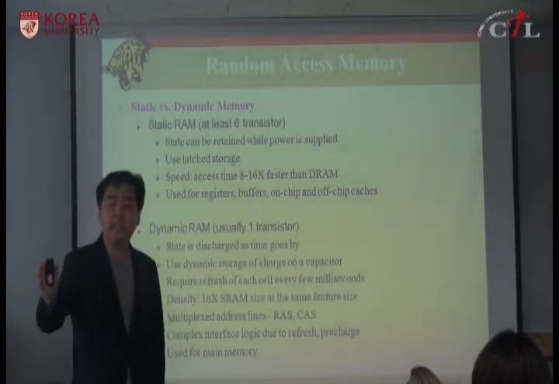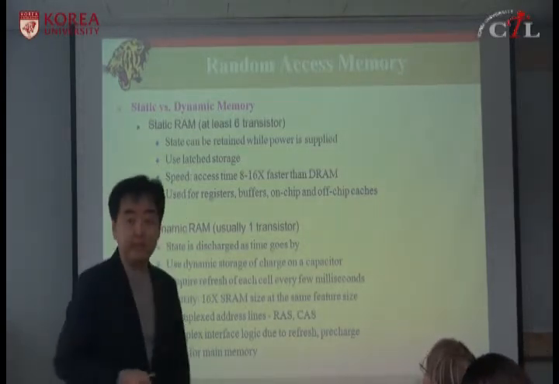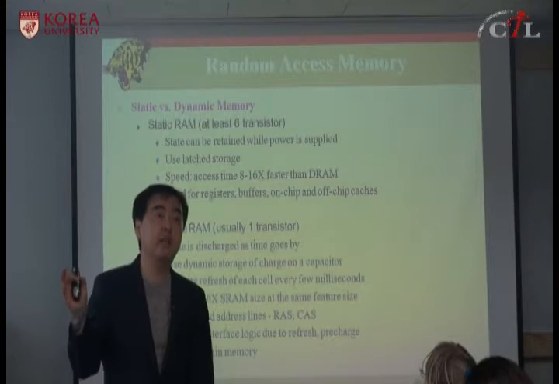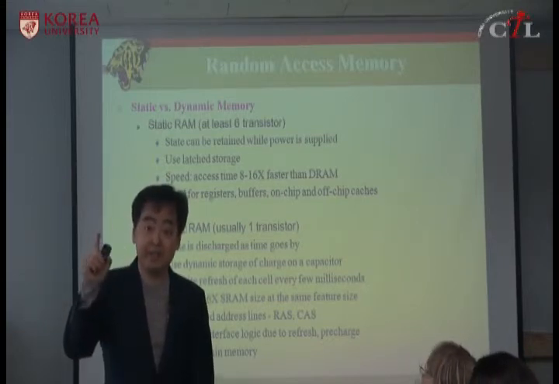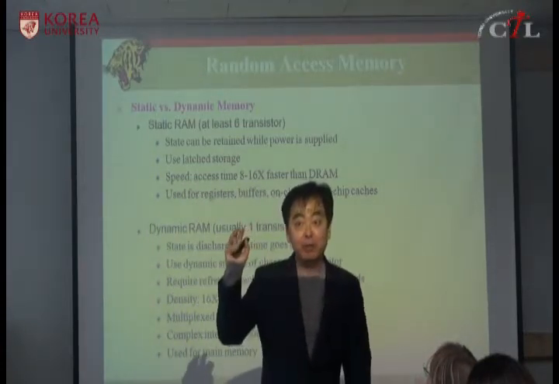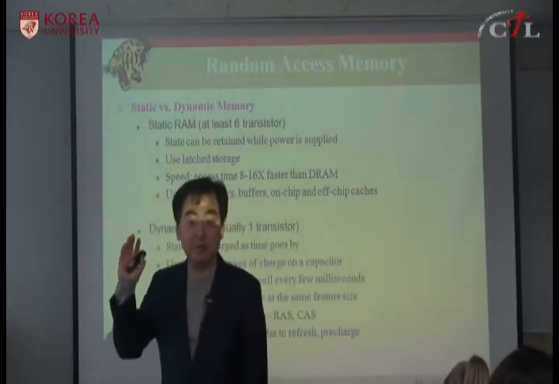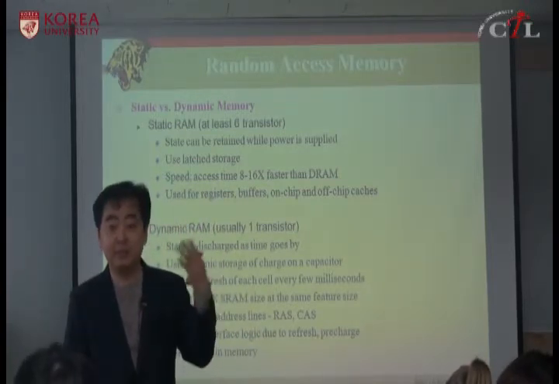Which means if you have 1 gigabit, DRAM is a single transistor cell. So 1 gigabit, here giga means 2 to the power of 30. Okay? If you know DRAM, right? Korea is famous for DRAM, right? And you say 1 gigabit or 4 gigabit DRAM.